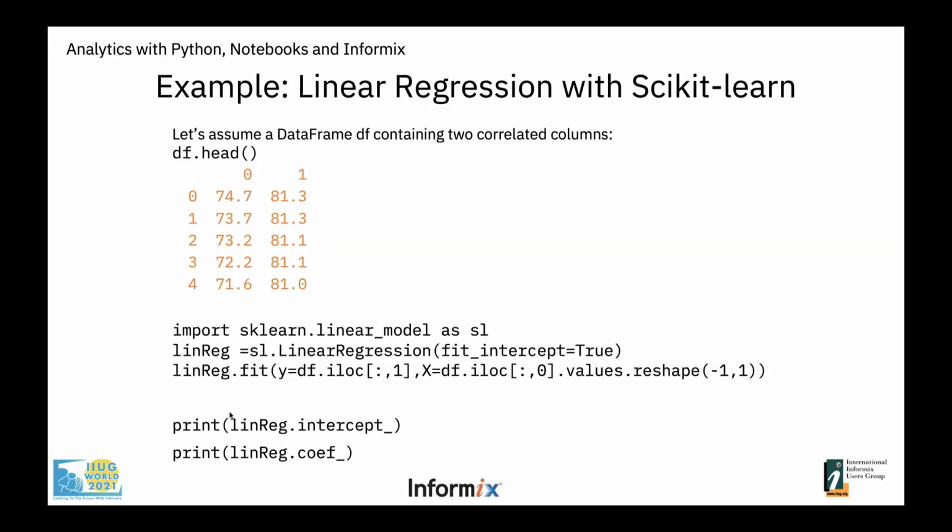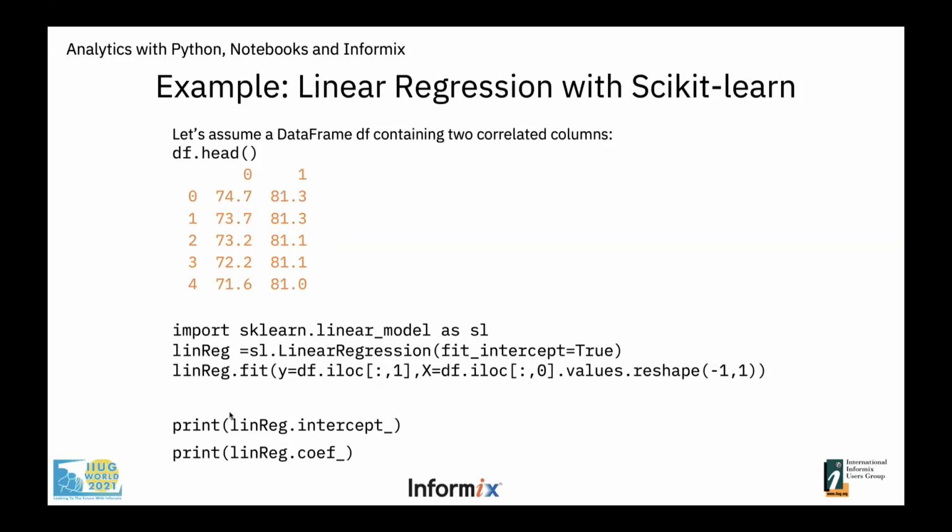And then the next line is the actual training of your model with the data from the data frame. And for that, you are saying fit, and with parameters, you are specifying y and x.